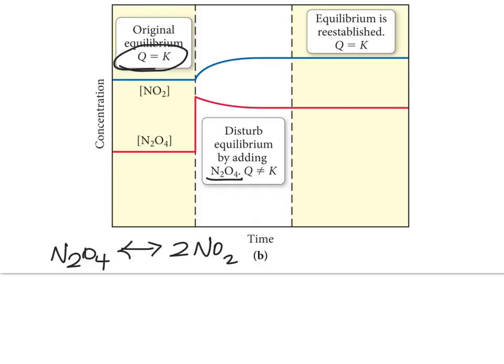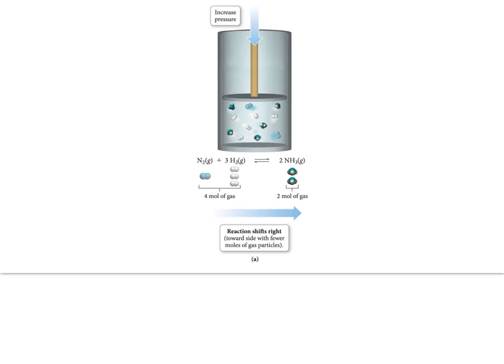Okay, so in this case, this is going up, which would shift equilibrium to the products. We can see that shown up here, that after that point, the amount of nitrogen dioxide increases and equilibrium is reestablished.